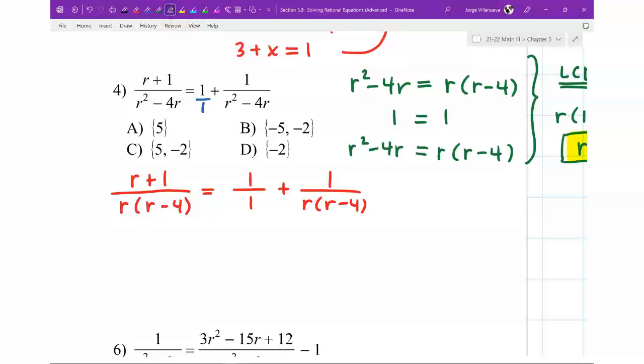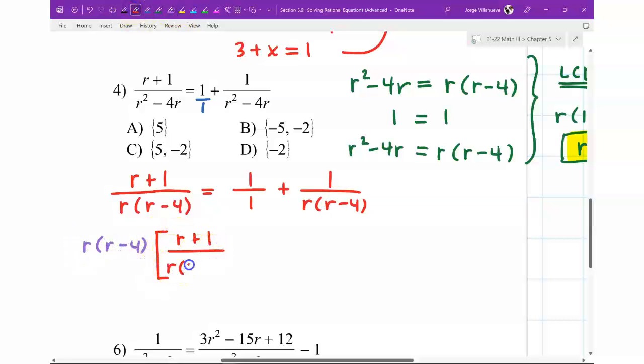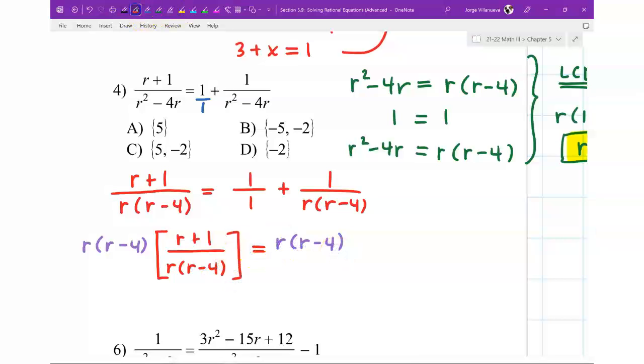So here we go. R times R minus 4 times R plus 1 over R times R minus 4 equals R times R minus 4 times 1 over 1, but nothing really to cancel out, right?